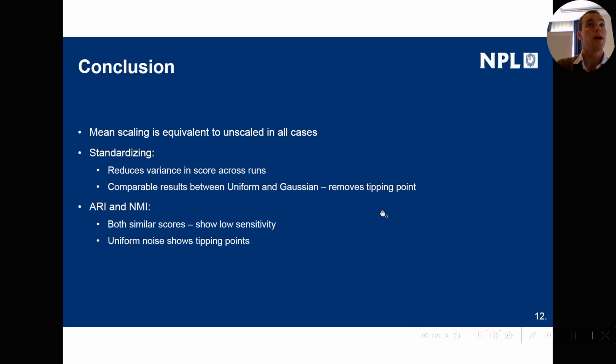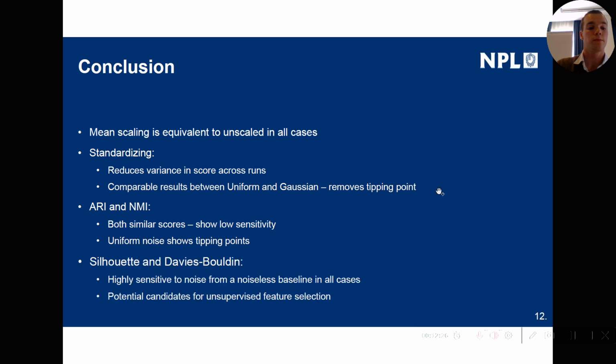For the ARI and NMI scores, we see that these are both quite similar and not very sensitive to noise. And we also noticed those interesting tipping points for the uniform case.